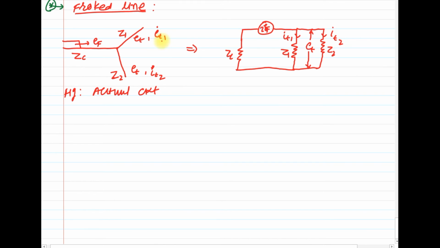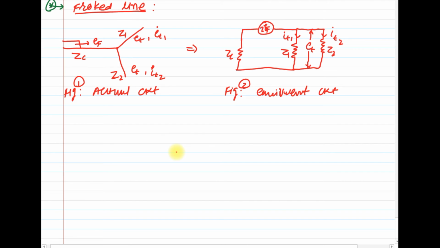As the current is divided, we will get different values of current, but the voltage remains as it is, as in a parallel circuit. So figure 2 is the equivalent circuit diagram for figure 1.